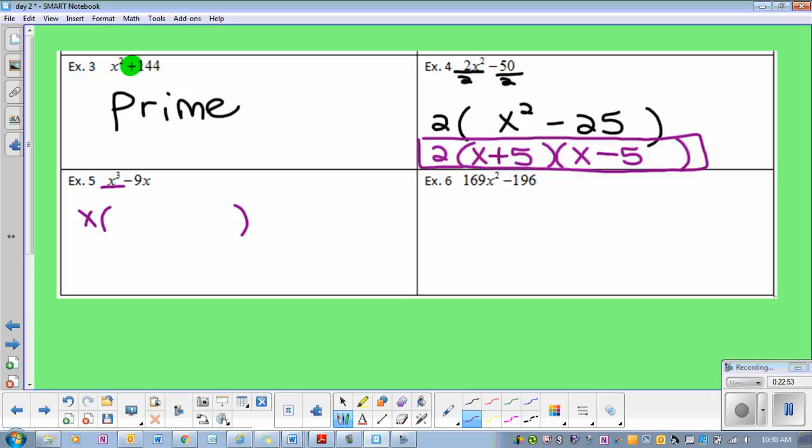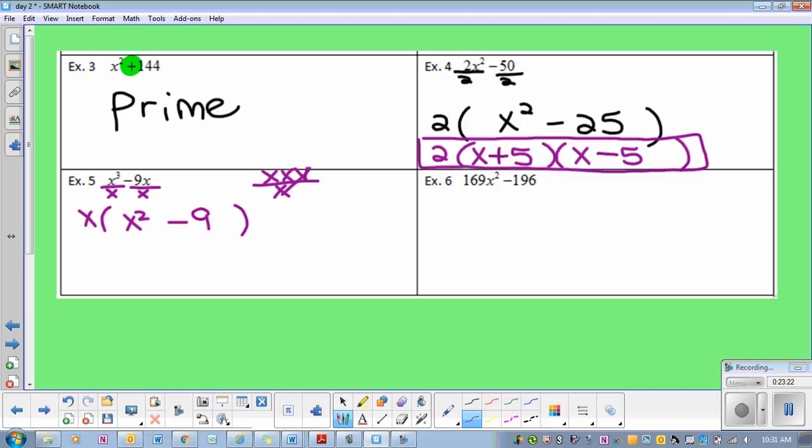So that means you divide everyone by plain old x. So then if you have x cubed divided by x, how many x's do you have left over? Square. Good. Because you have 1, 2, 3 on top and you have 1 on the bottom, that means you have 2 left over, right? Minus, what's 9x divided by x? Just a 9.